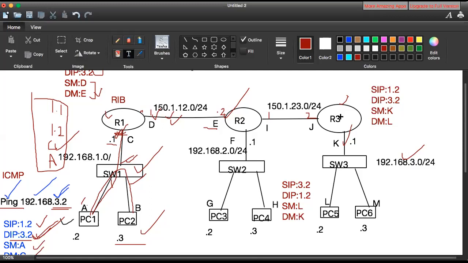In case it doesn't know, maybe routing is not done for this particular subnet, R3 is going to drop the packet. Where? It is going to drop the packet here, because it is receiving it from PC5 on this interface. Once it drops it, again ICMP would all the way go and generate the message here. What?